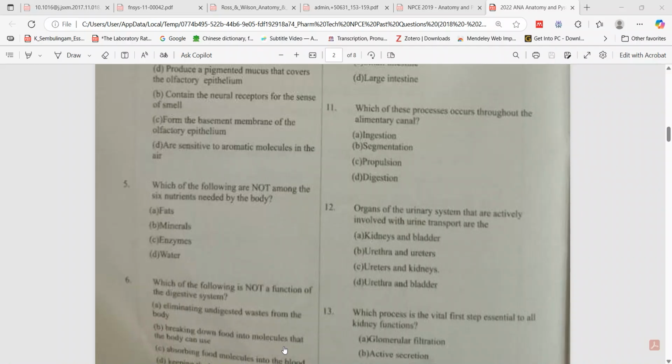The organs of the urinary system actively involved with urine transport are the urethra and ureters. We have several processes of urine formation: ultrafiltration, filtration, reabsorption, secretion. Those are the things I'm looking for. But for question 12, the organs actively involved with transport are the urethra and ureters.